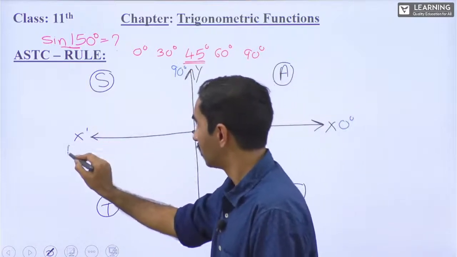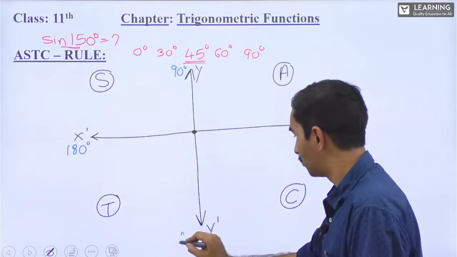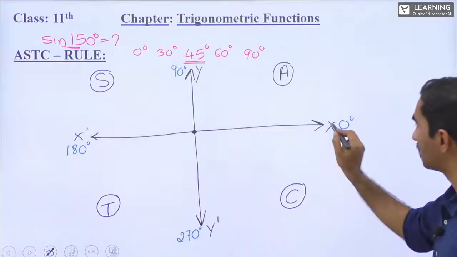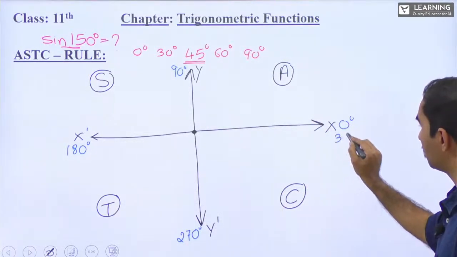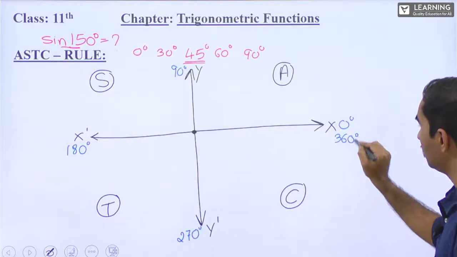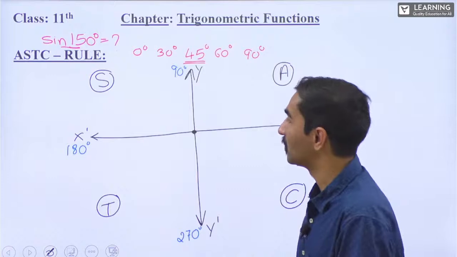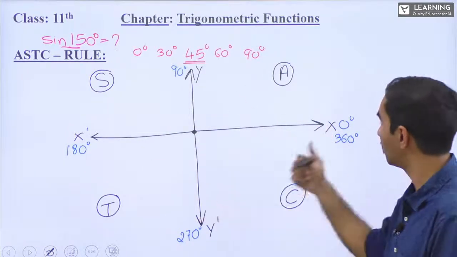This will be 180 degrees. This will be 270 degrees. And this again, one complete circle in the anti-clockwise direction, will be 360 degrees. I hope you're understanding this. I'm going very slow, students. ASTC, 0, 90, 180, 270, 360.